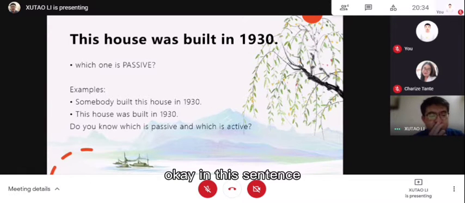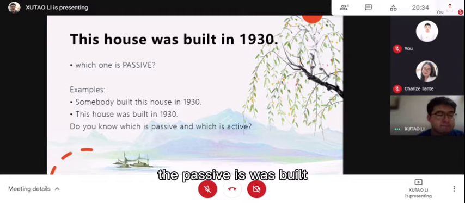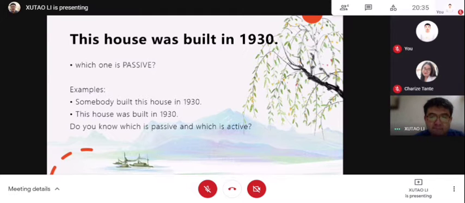Okay, in this sentence, the passive is was built. Yes, sir. Yes, was built.